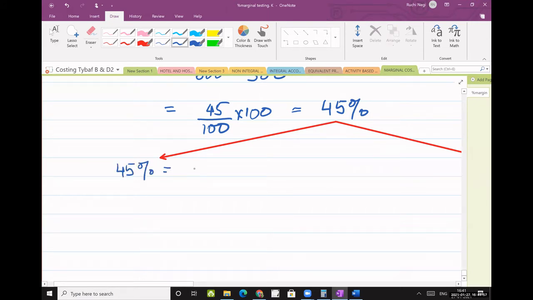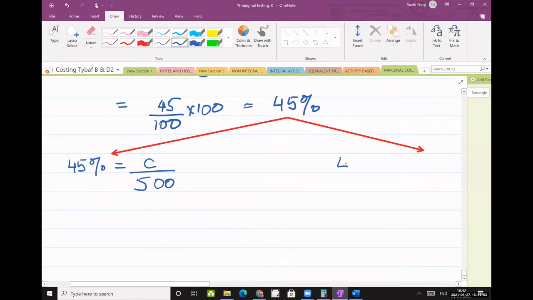So 45% is equal to contribution upon sales, which is 500. And next year you will assume the same: 45% is equal to contribution upon sales 600. So this is 500 lakhs. Don't forget figures are in lakhs.